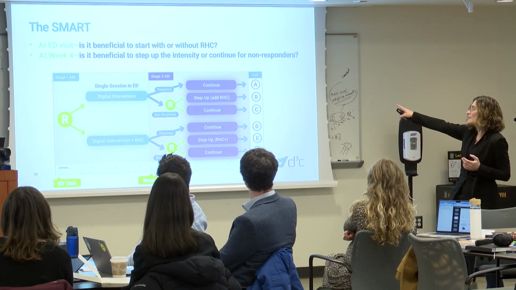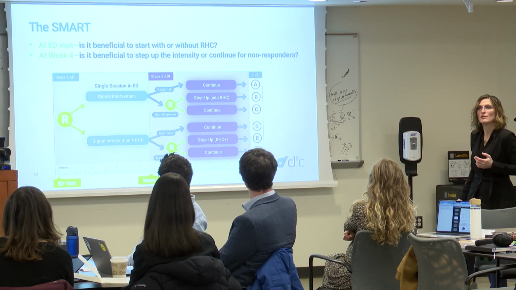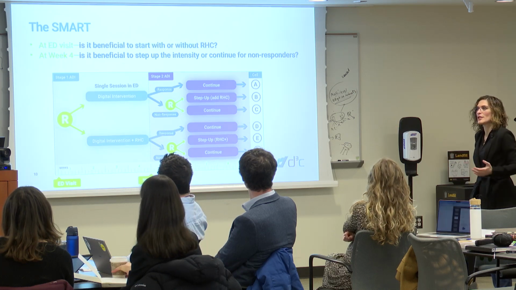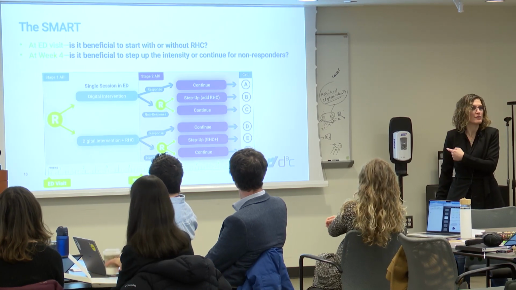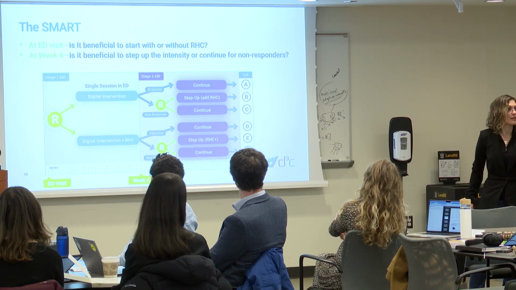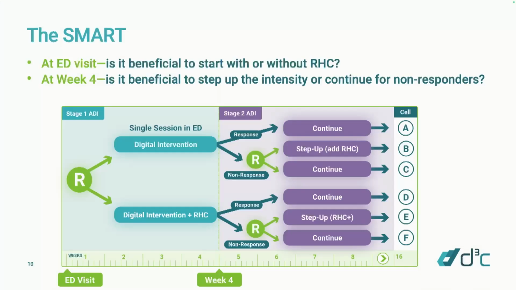Do I have any scientific questions here about responders? I don't. I only want to know how to initiate it and what to do for non-responders. I did not specify any scientific questions about responders. It means that I'm assuming that it's working. I don't need to fix it. And I know exactly what to do for them. Just continue. If I had a scientific question about what to do for responders, I could have randomized responders.